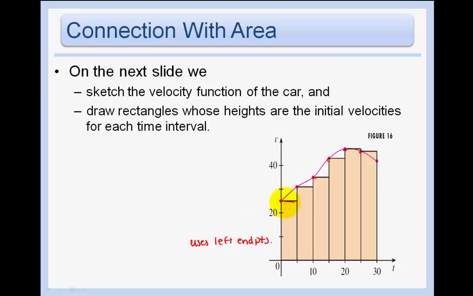You can clearly see that we have an underestimate. If we had used right endpoints, we would have had an overestimate, right? Because if we had used the right endpoints, it would have looked like that. We would have gone over.